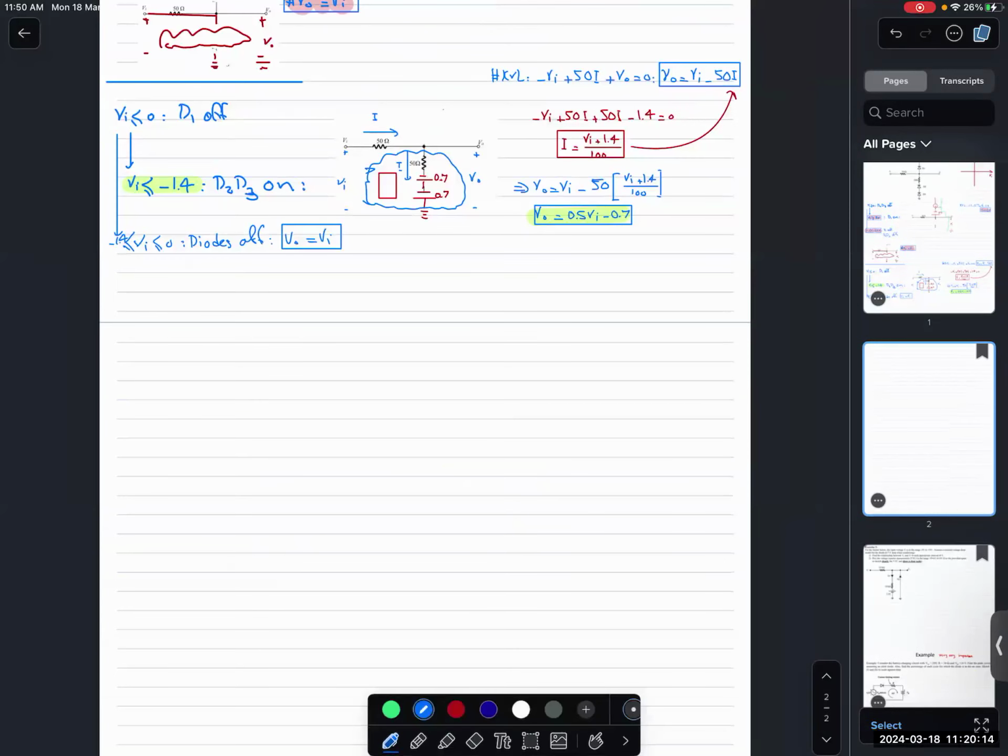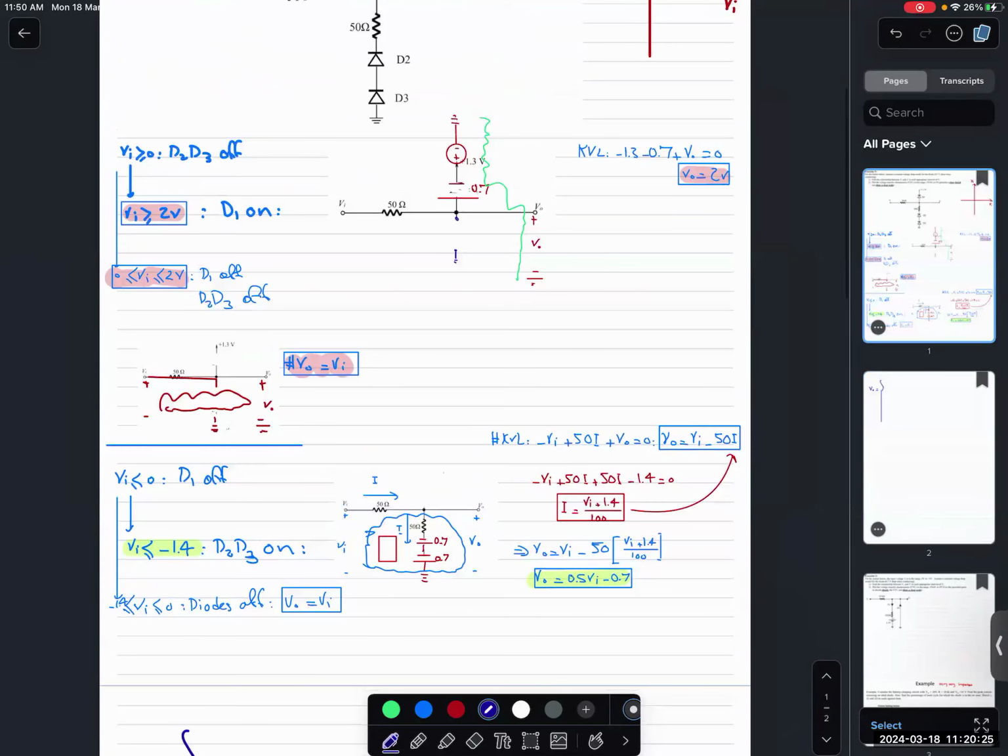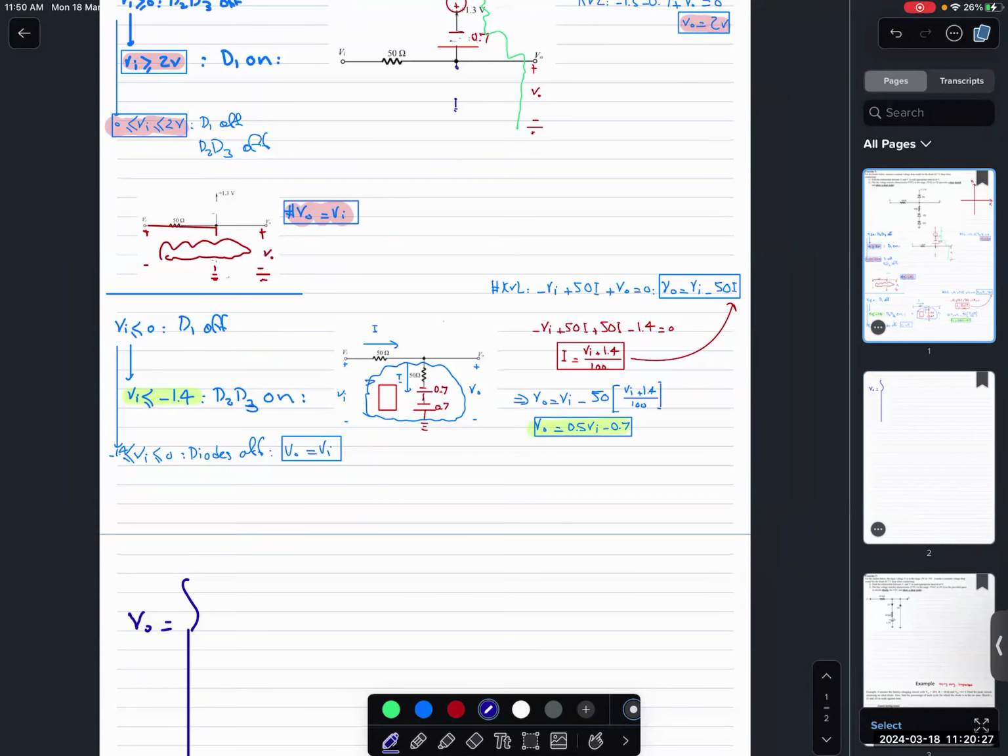And by the way, to make it easier, what I can do, I can say VO maybe, okay? So I know that as long as VI is less than minus 1.4, the output becomes 0.5 VI minus 0.7.